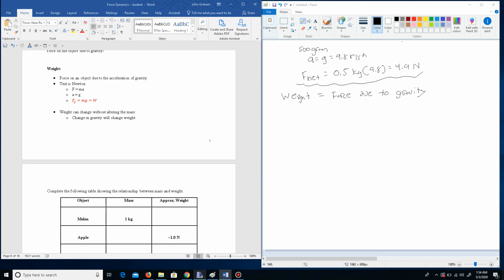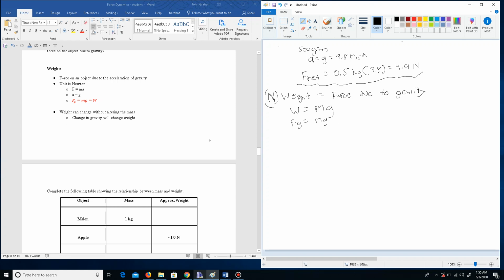Weight is a force, and its unit is newtons. To find a weight, you just multiply mass times gravity, which is exactly what we did here. Your A is G in this case. We can label it sometimes as W, sometimes as FG, and sometimes I just label it as MG.